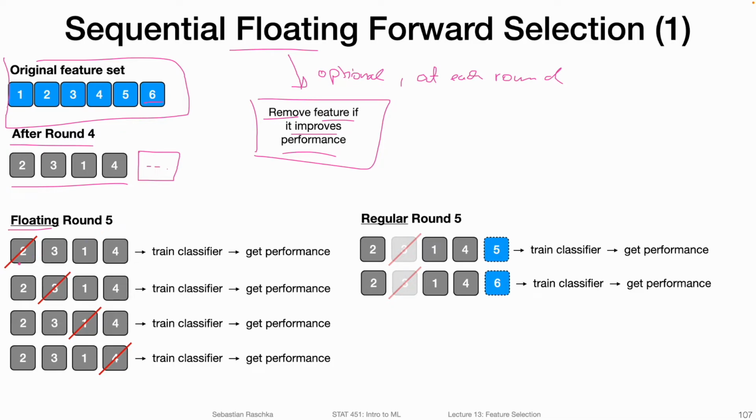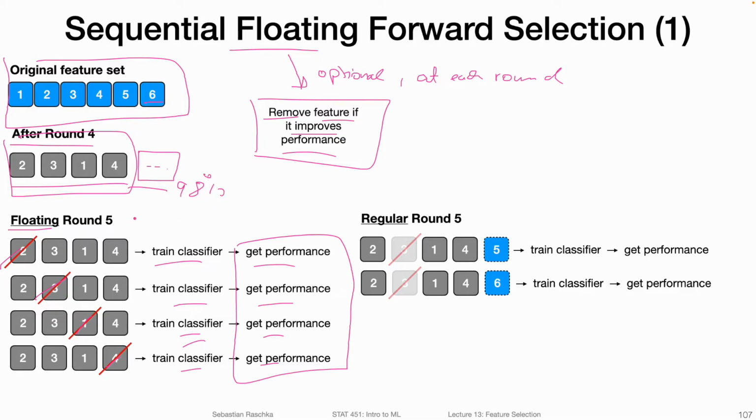So here in this example, similar to backward selection, we would remove one feature at a time, again train the classifier, get the performance, and if the performance for one of those is higher than the performance on the original subset, then we remove that feature permanently. For example, let's say we get 98% accuracy for that feature subset.